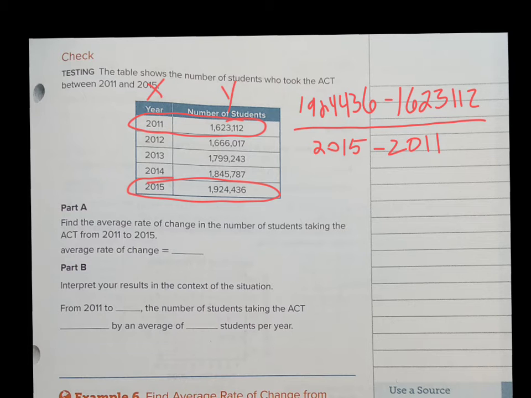All right, so that numerator simplifies to 301,324. And then that's over a 4-year period. So when we simplify that further, we'll divide that by 4.